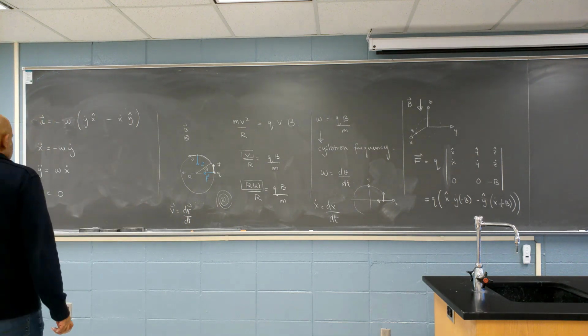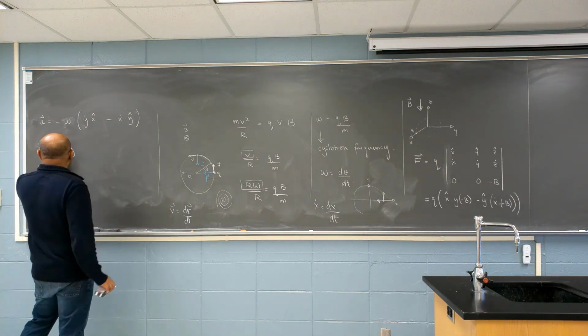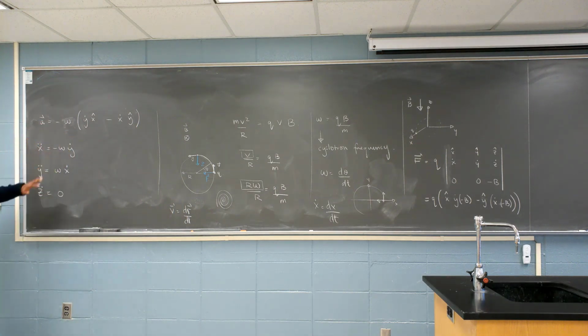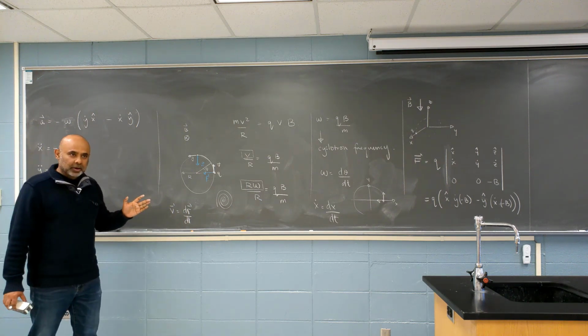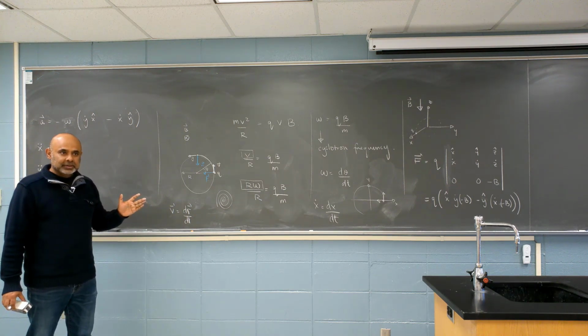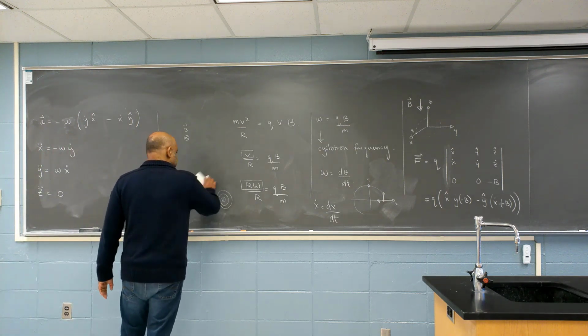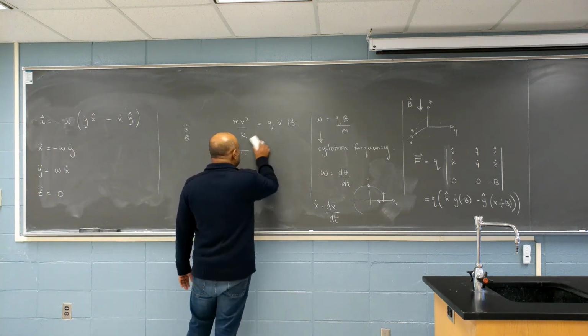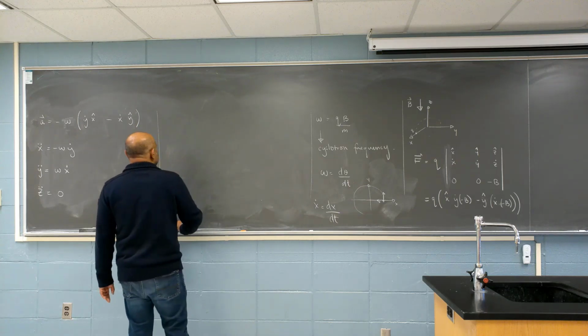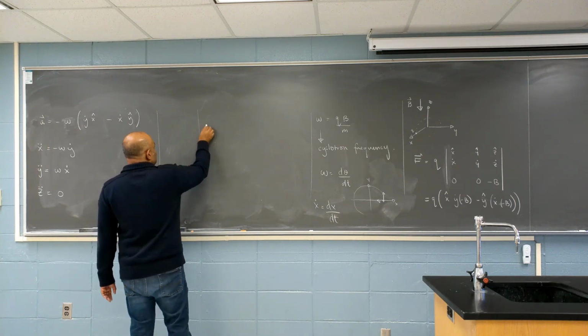Now, you can find a general solution for this. It can be written in terms of sine and cosine, but I'm going to intuitively impose my initial condition. I'm going to go a distance r away along the x-axis. That's where it's going to start. I know the answer, you see, and that makes it worse.